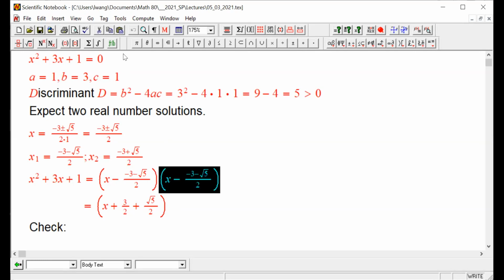In the second parentheses, we're going to do the same thing. We're going to apply the negative sign to the inside. Oh, sorry, this should be a positive. I'm sorry, I made a mistake here. It should be a positive.